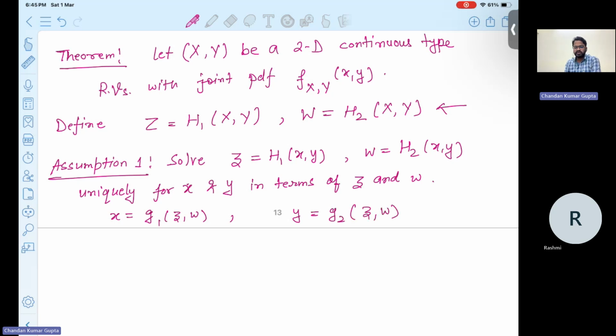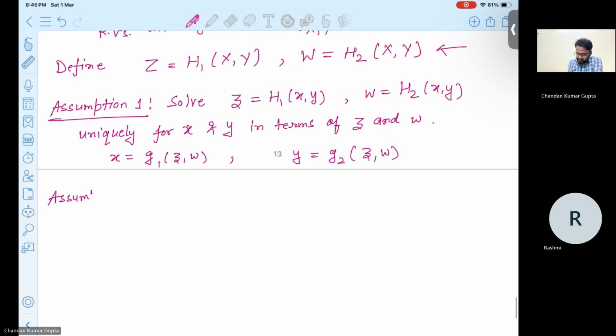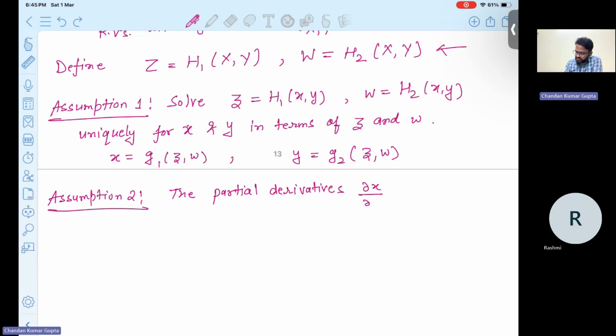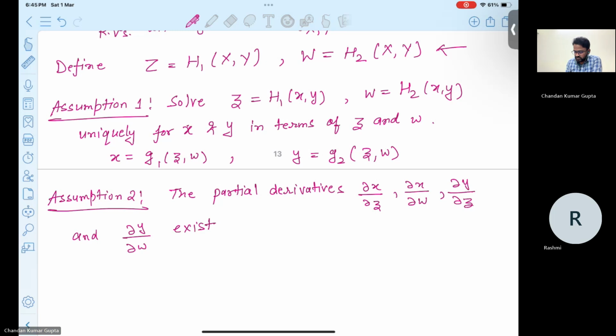The other assumption is that the partial derivatives del x by del z, del x by del w, del y by del z, and del y by del w exist and are continuous functions.